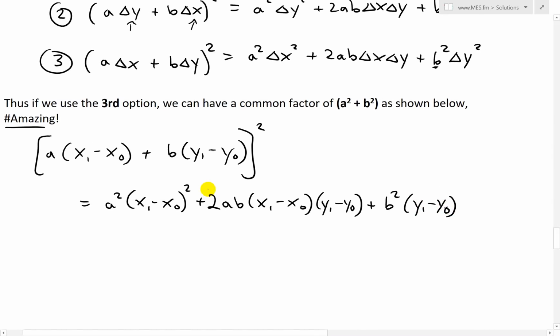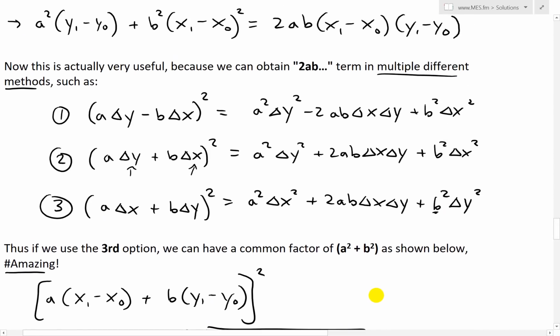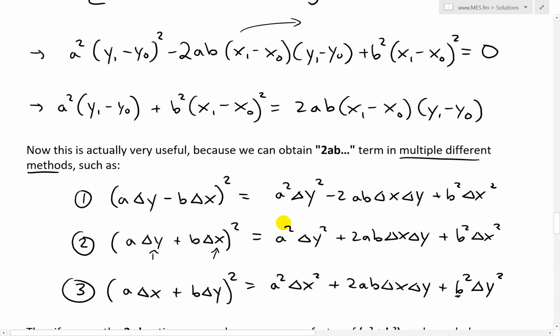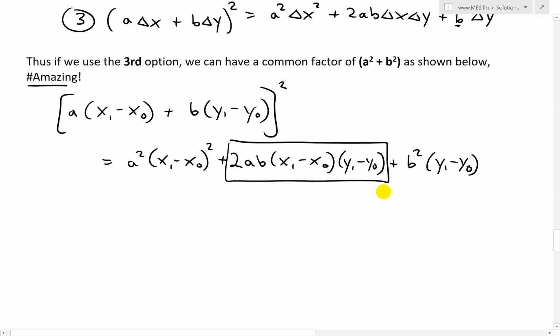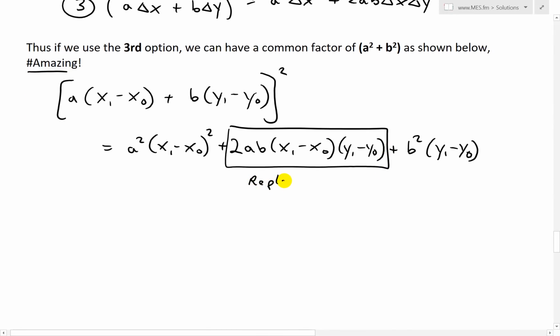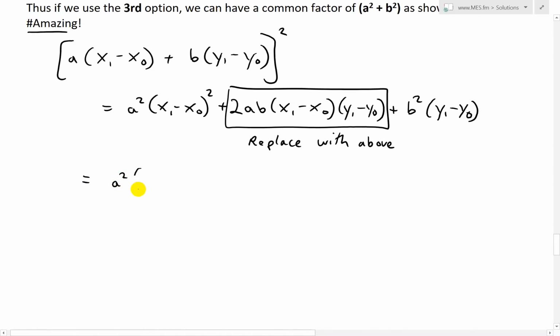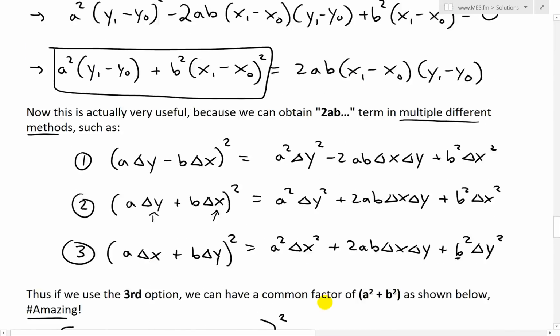And now we have this term across there that is the same one as this one above here, which is equal to this, like that, and then we could replace this. So I'll write replace with above. So what we end up having is this equals, I should just move that over there. So now we have an a squared x1 minus x0 squared, and then scroll all the way up.